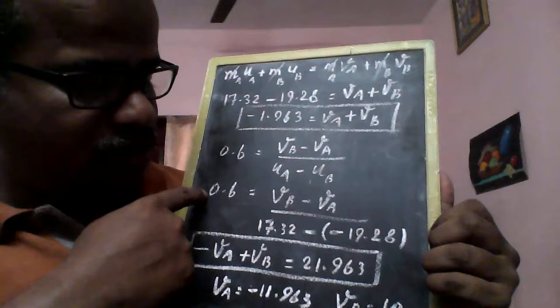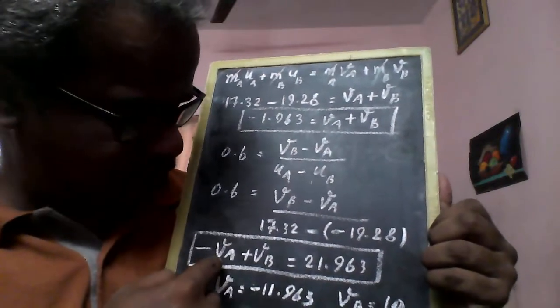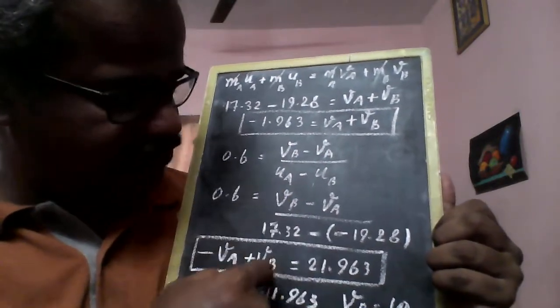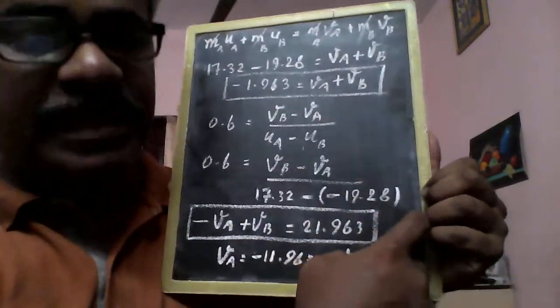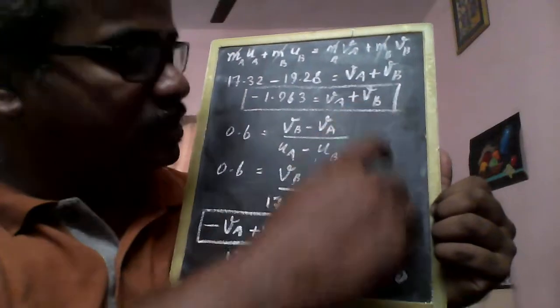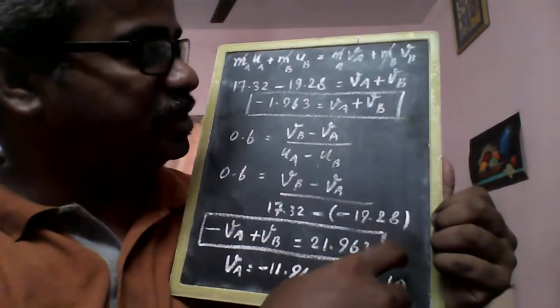Taking it to the left side, it will be minus VA plus VB is equal to 21.963. This is my second equation. So I have the first equation and the second equation.